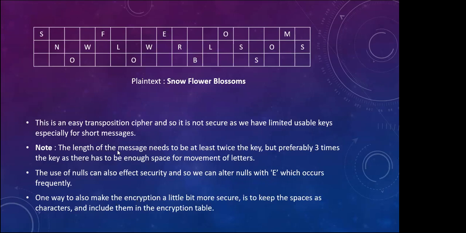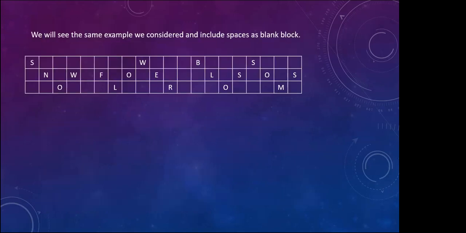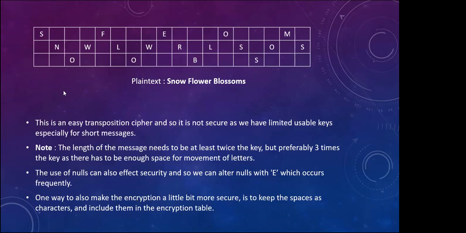So it's a very simple type of transposition cipher and a little secure. And one more thing we can add in this Rail Fence cipher is spaces. As you can see, there's a space after snow, then flower, space.